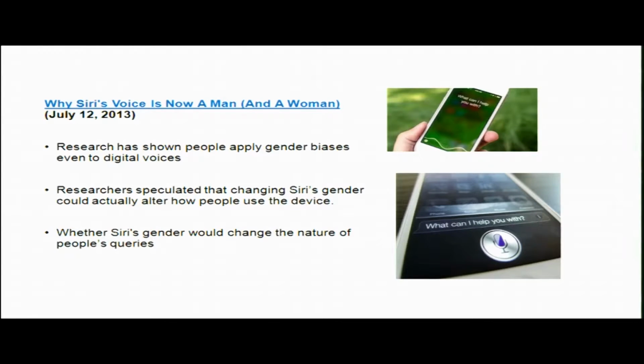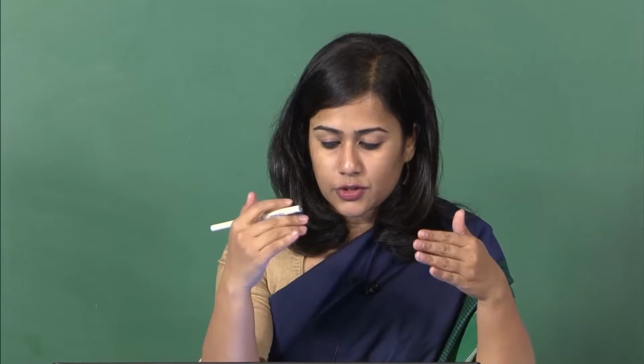So the very fact that even a digital voice such as Siri has a male and a female voice shows that people do ascribe these gender scripts even to digital voices.